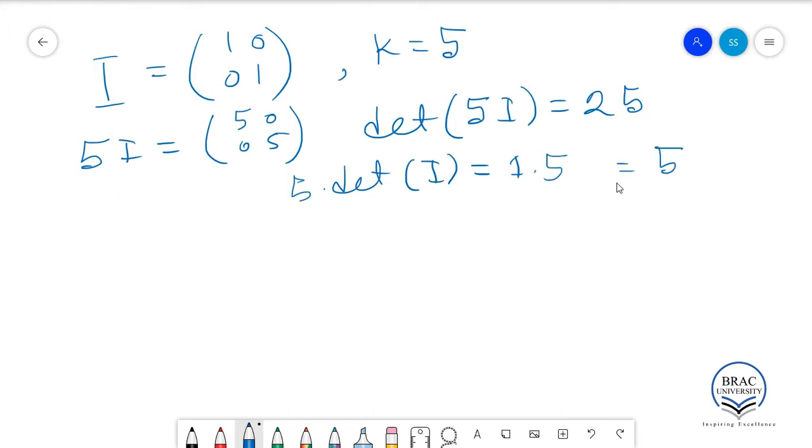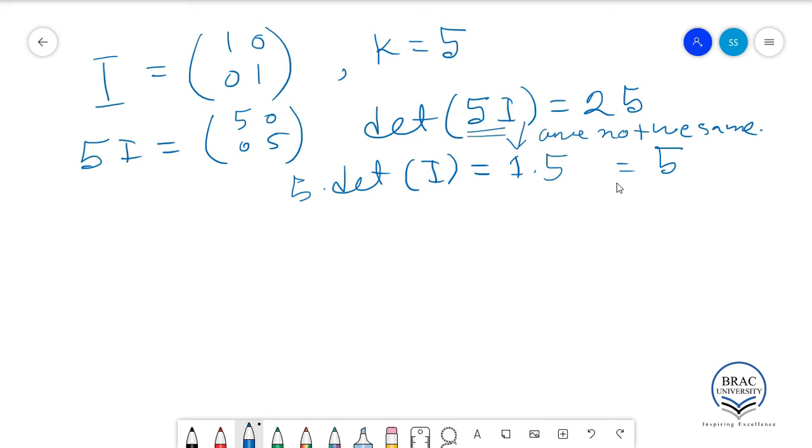But as you can see, these two are not the same. So please be careful about it. In this case, we have to actually evaluate what the matrix 5I is, and then we have to compute the determinant.